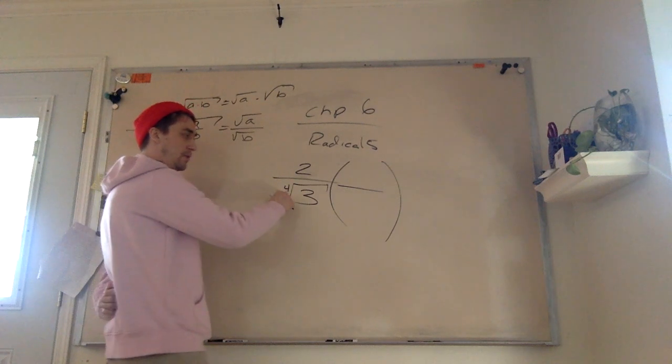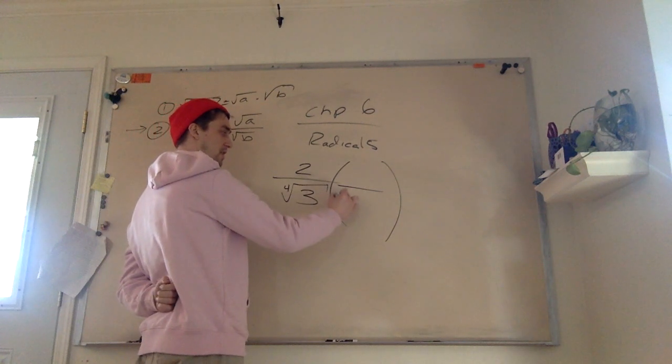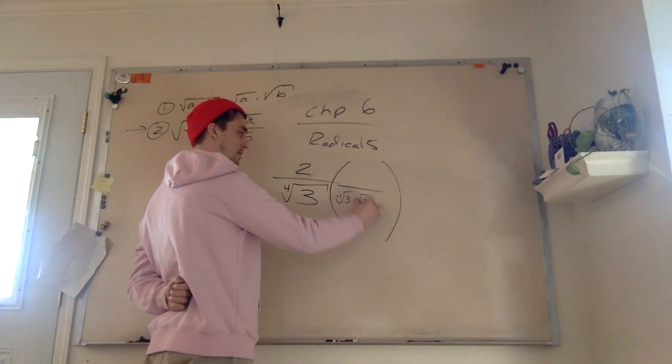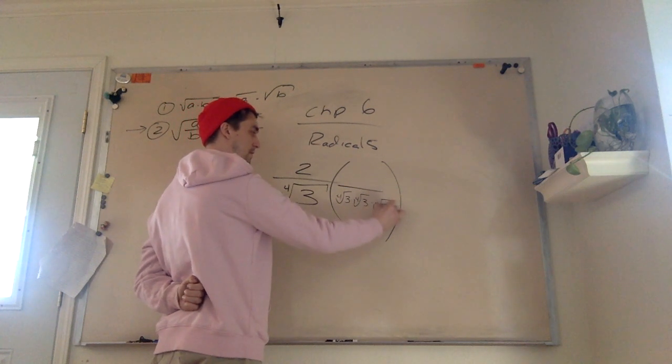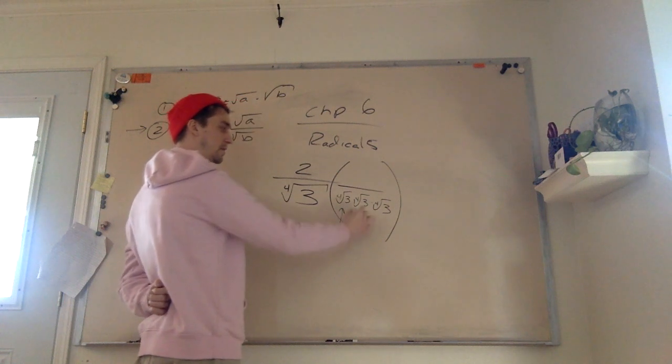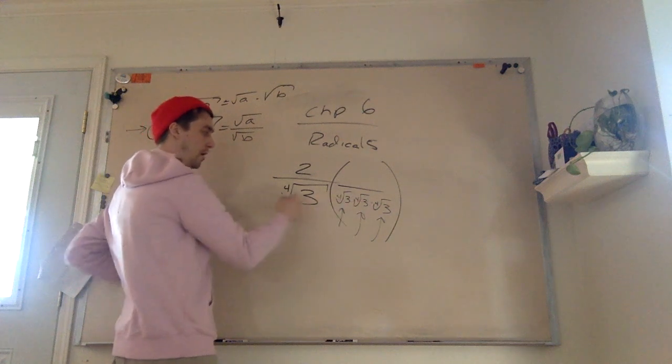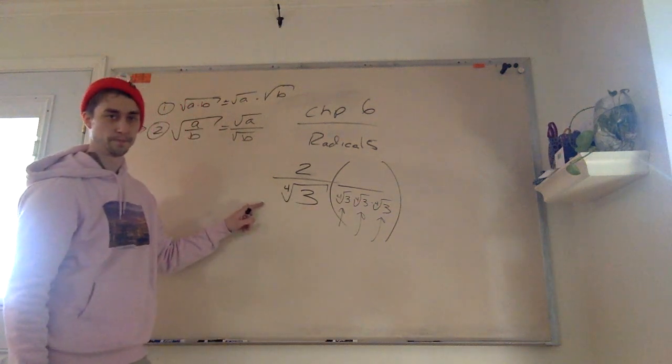But it's a 4th root. So you need the 4th root of 3 times the 4th root of 3 times the 4th root of 3. So I'm adding in 1, 2, 3 more, having a total of 4 because it's a 4th root.